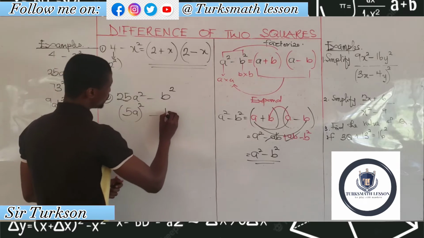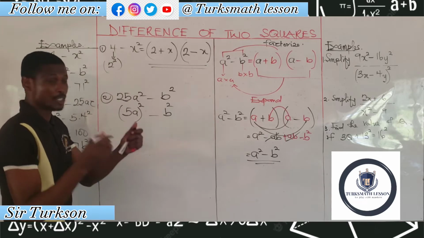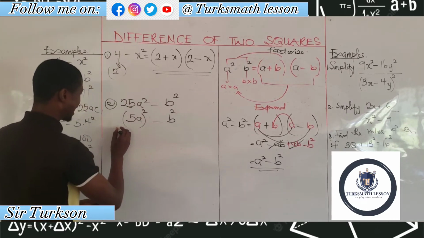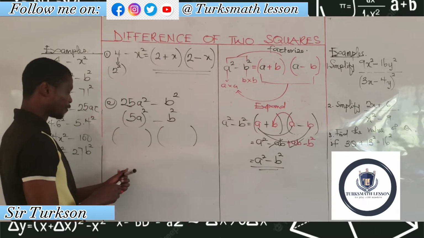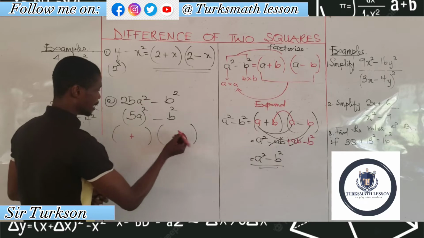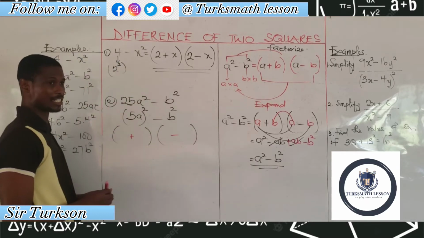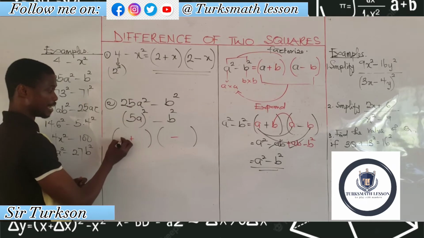Minus what? B square. So if you are able to do this, now open your what? Your brackets. How many brackets? 2 brackets. Very good. So we have your addition, then what? Subtraction. Just do that. Right. Now, what are you going to write here?